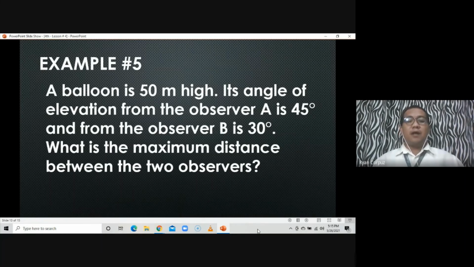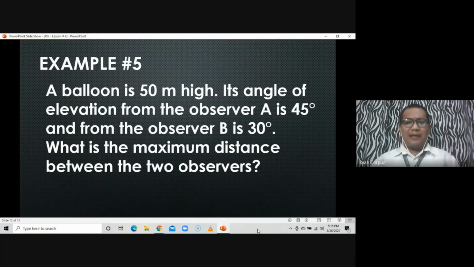So what is the maximum distance between the two observers? We are looking for the distance from observer A to observer B, so how far are they from each other? That is what we are looking for in the problem.